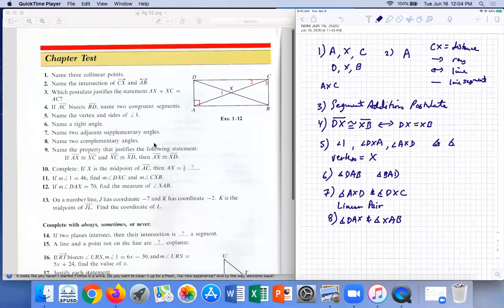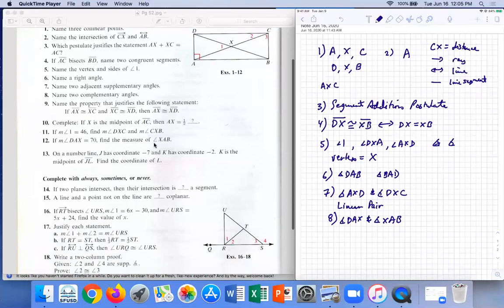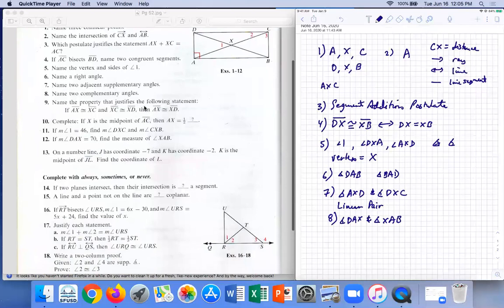All right, number 9. Name the property that justifies the following statement. If AX is congruent to XC and XC is congruent to XD, then AX is congruent to XD. This is known as the transitive property of congruent segments.